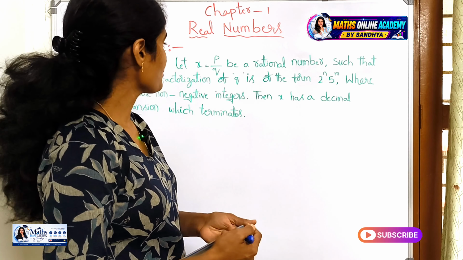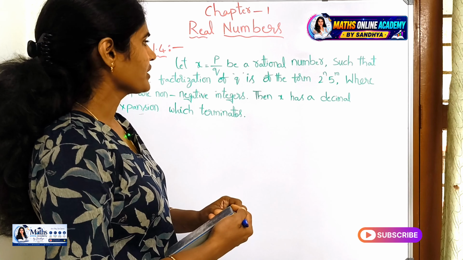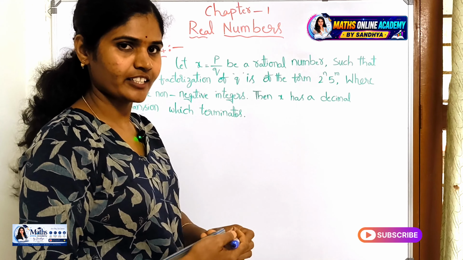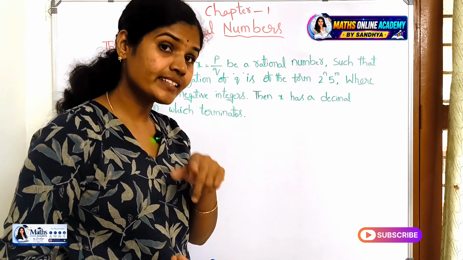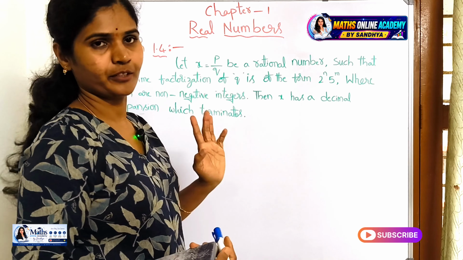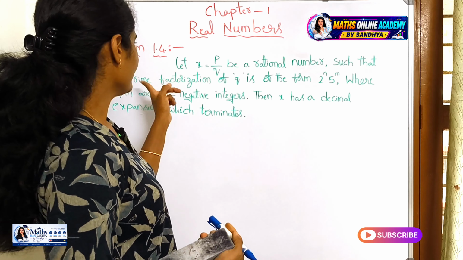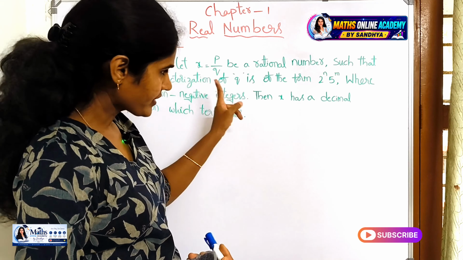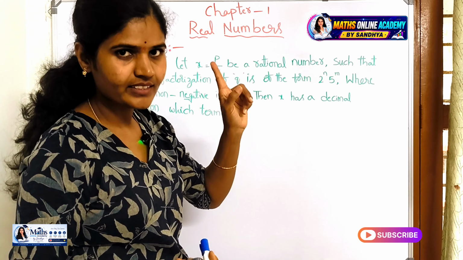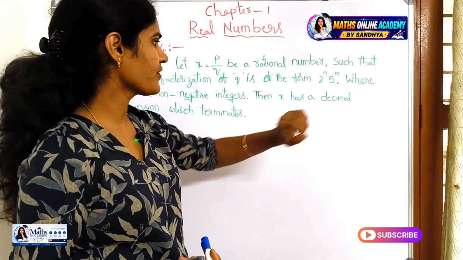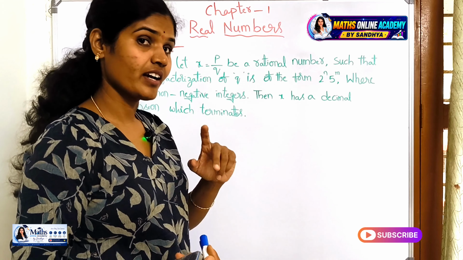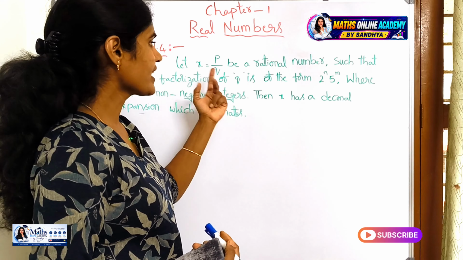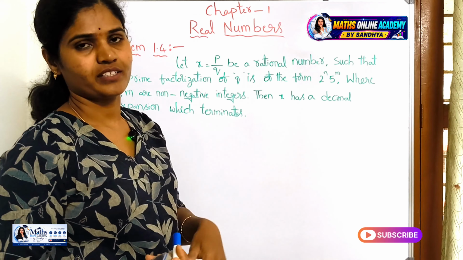So we have to show p by q is a rational number. Let x be a rational number in the form of p by q, and the prime factorization of q is in the form of 2 power n 5 power m, where n, m are non-negative integers. Then x has a decimal expansion.